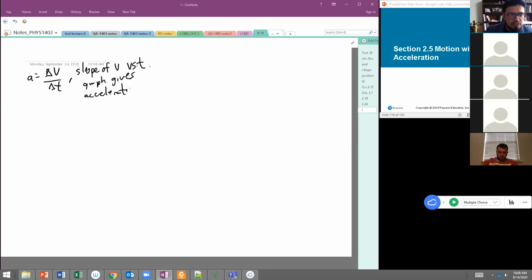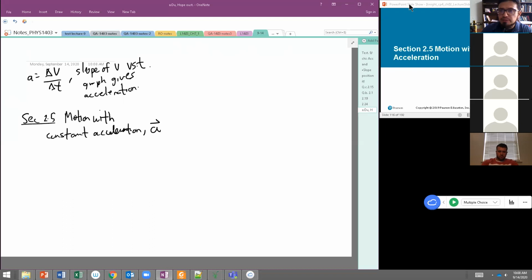That's one of the key concepts. Now in this section 2.5, I'll introduce it, but we'll really discuss it a lot more next time. We're looking at motion with constant acceleration. And remember, acceleration is a vector.